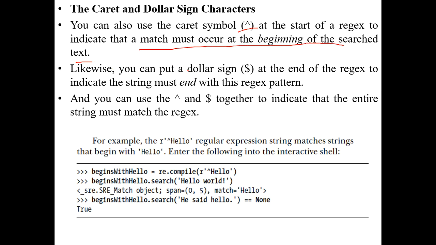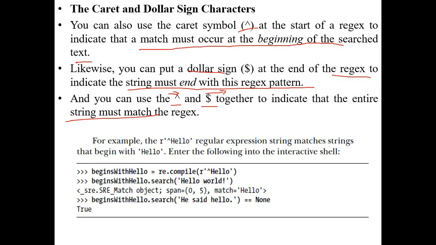Likewise, we can use the $ sign at the end of the regular expression, which represents that the string must end with the regular expression pattern. We can use the starting caret symbol and $ symbol together to indicate that the entire string must match. That means the caret represents matching should start at the beginning and the $ represents the match should end at the end. So if we use them together, it has to match the entire text.